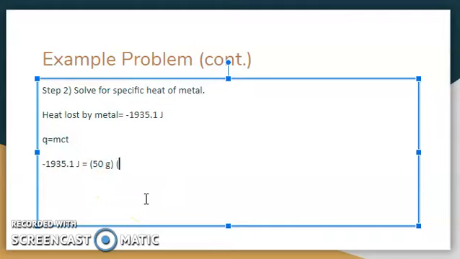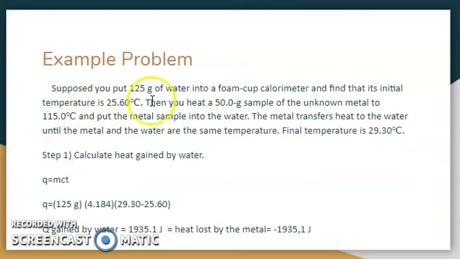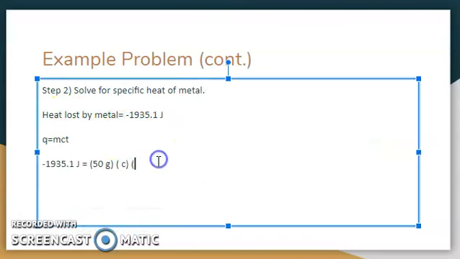And for the change in temperature, the initial temperature is 115 degrees and the final temperature is 29.3. Remember that the change in temperature is the final temperature minus the initial temperature, so 29.3 minus 115 degrees Celsius. Since these are both negative, when we put them in our calculator, our specific heat will come out to be positive.